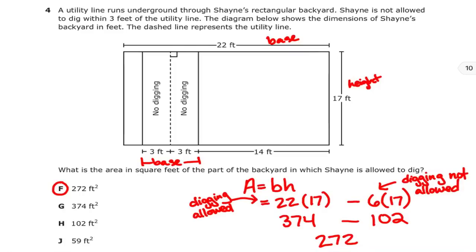And then the digging not allowed is where I have the base about 3 feet plus 3 feet. So we put that together, that's 6, times the same height of 17, which is going to get us 102. We subtracted 102 from 374, and that's going to get us 272, which is answer F. So a little bit of a two-step question there.